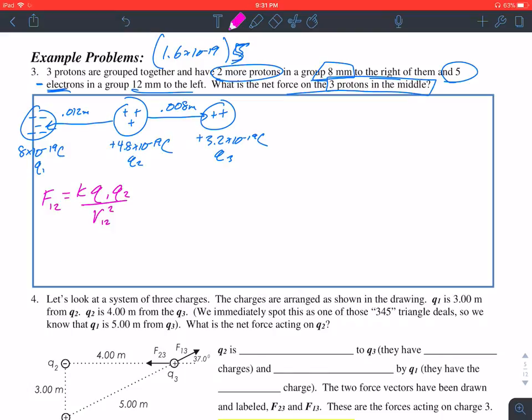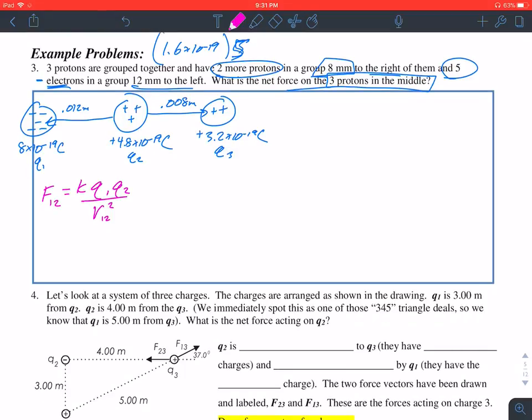Now, we know that Q1 is attracted to Q2 and Q2 is attracted to Q1, which means Q2 is pulling Q1 to the right, and Q1 is pulling Q2 to the left.